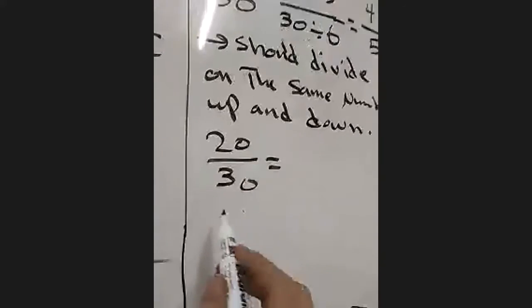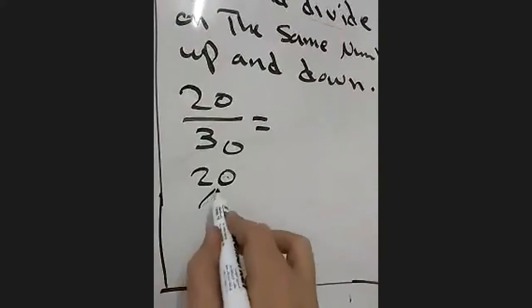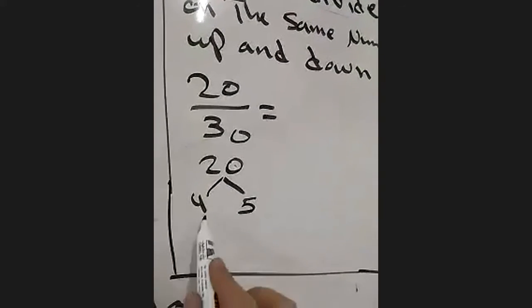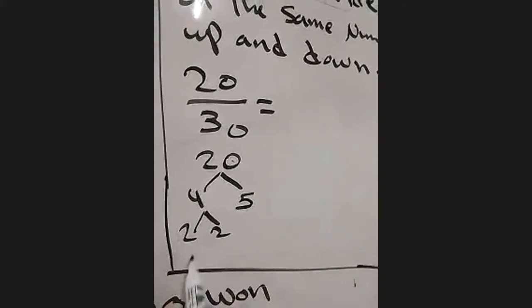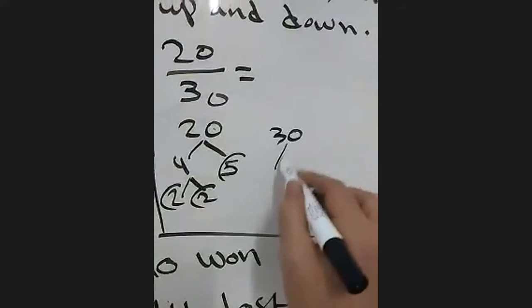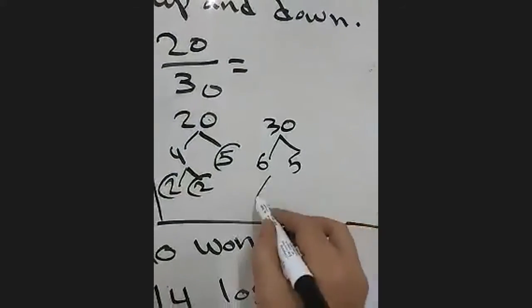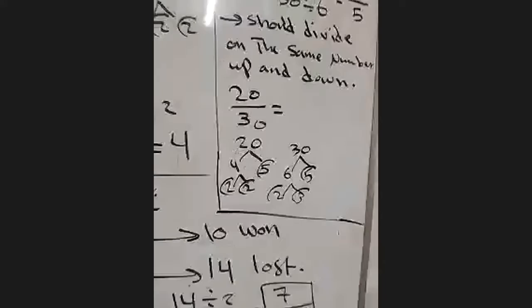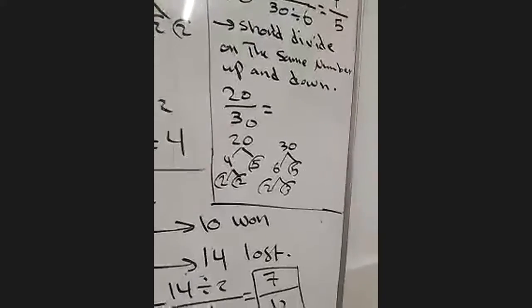The 20 is 4 by 5 multiplied, and the 4 is 2 by 2, right? Yes, circle them. The 30 is 6 by 5 and this is 2 by 3, and we circle 2, 3 and 5, right?